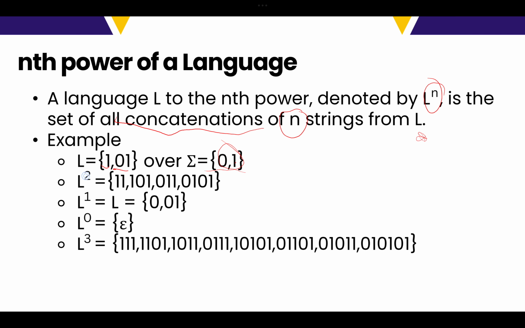So, if you say L to the power of 2, you concatenate two strings. So, example, 1, 1. Then, 1, 0, 1. Okay?